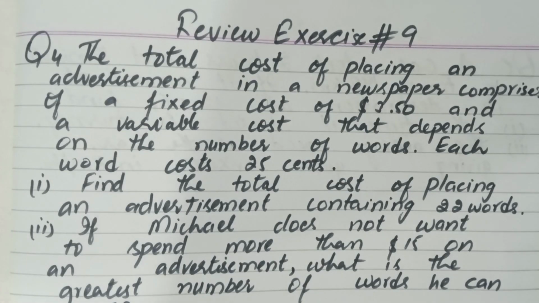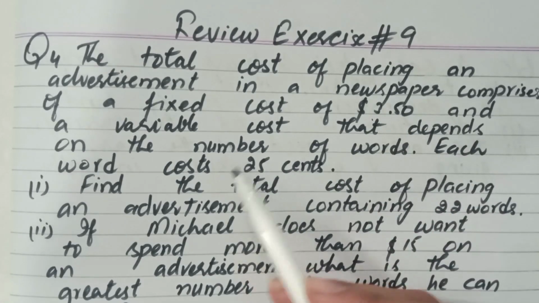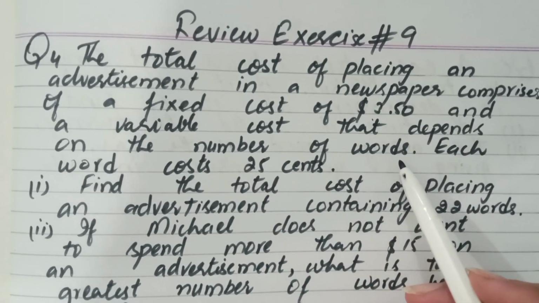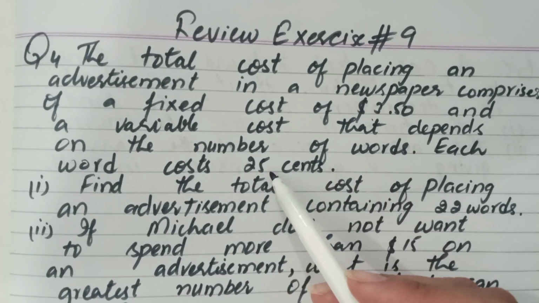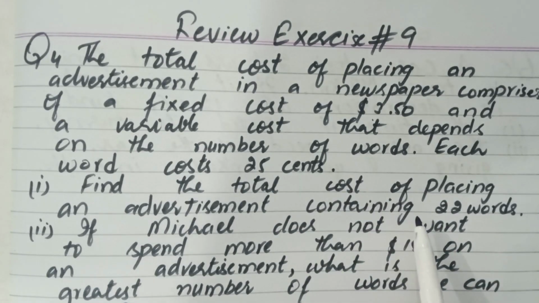The total cost of the newspaper ad has a fixed part, which is $3.5, and a variable cost which depends on the number of words, and each word costs 25 cents. First we have to find the total cost for an advertisement containing 22 words.